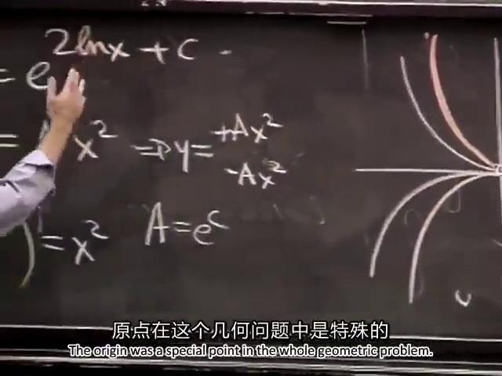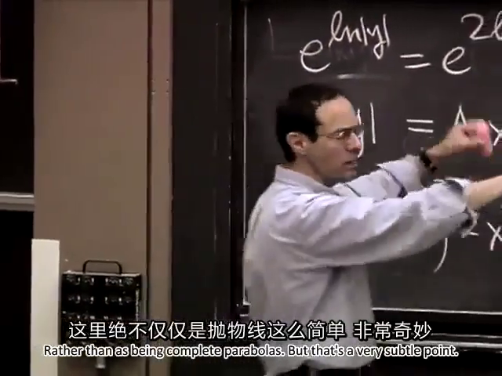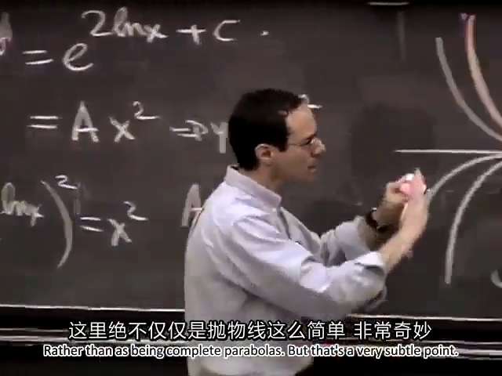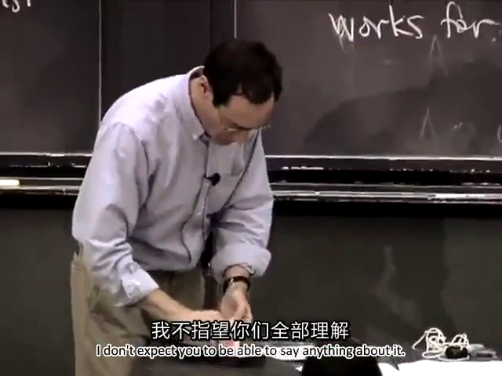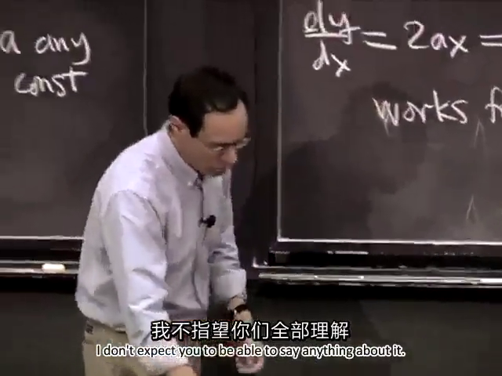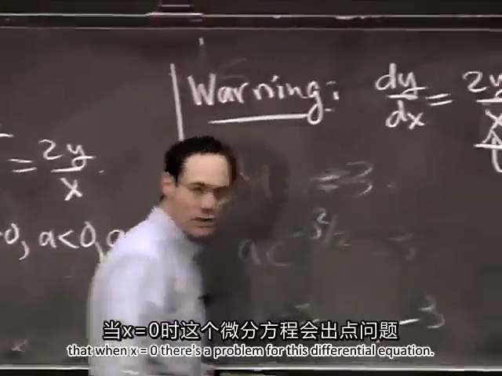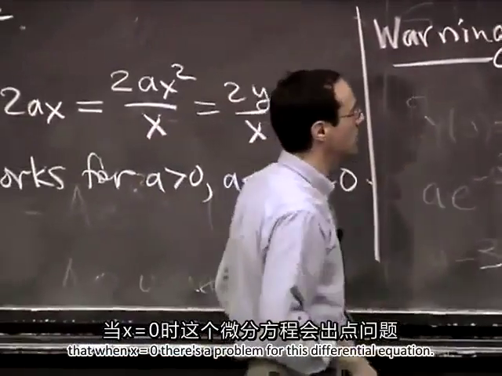The origin was a special point in the whole geometric problem, rather than as being complete parabolas. That's a very subtle point. I don't expect you to be able to say anything about it, but I just want to warn you that it really is true that when x is equal to 0, there's a problem for this function, for this differential equation.